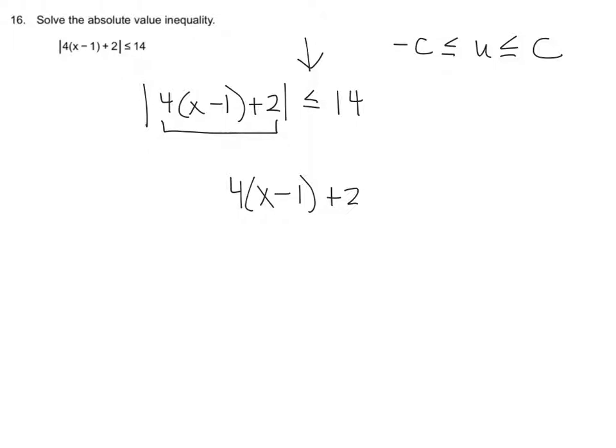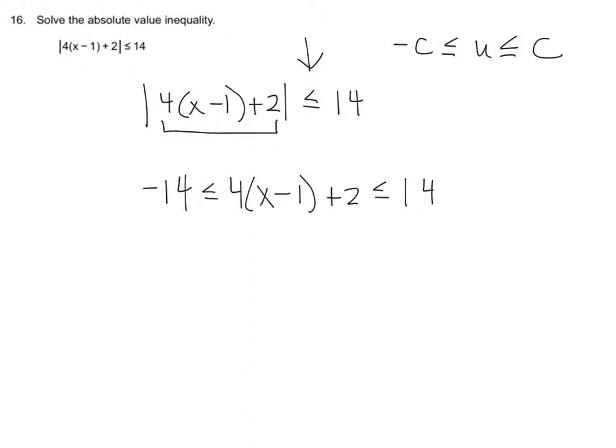On the right side, I'll have less than or equal to positive 14, and on the left side, I'll have negative 14 is less than or equal to.